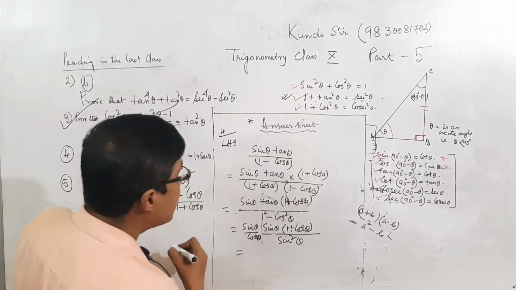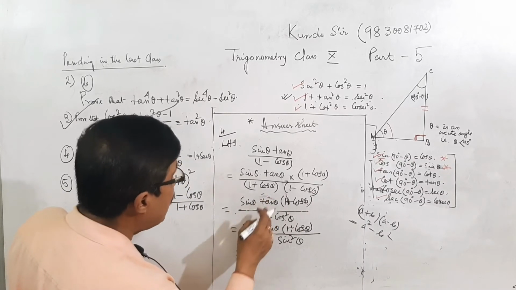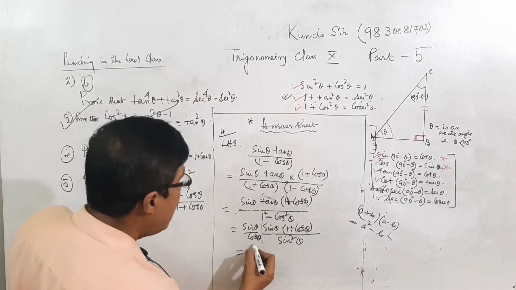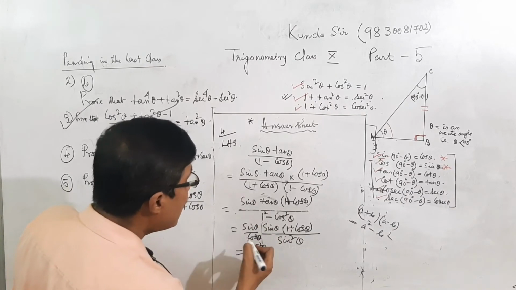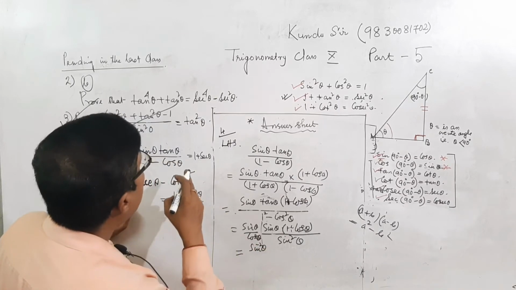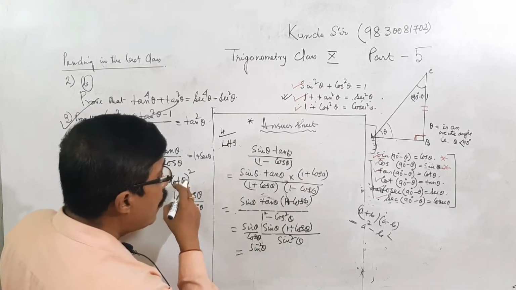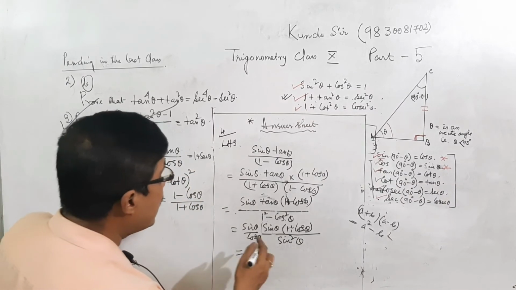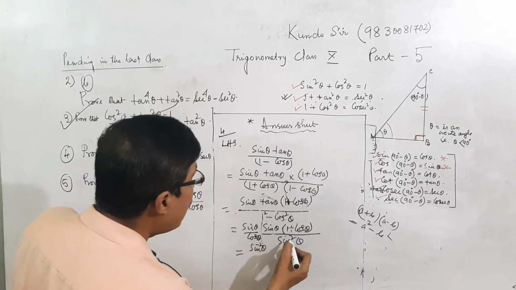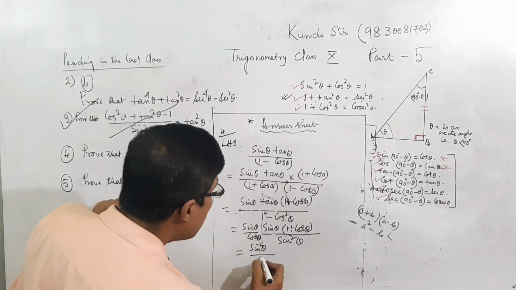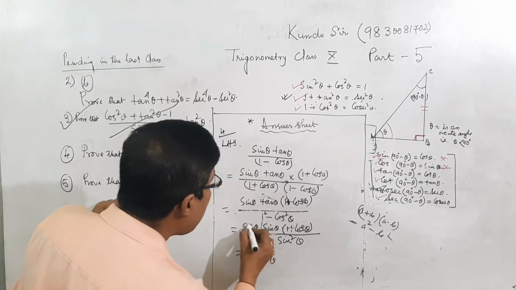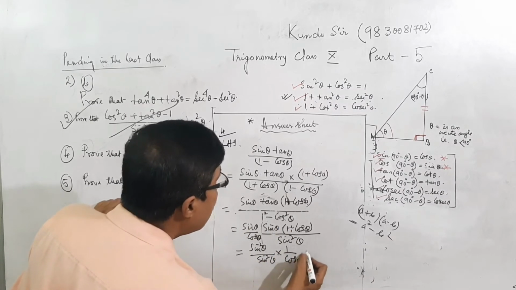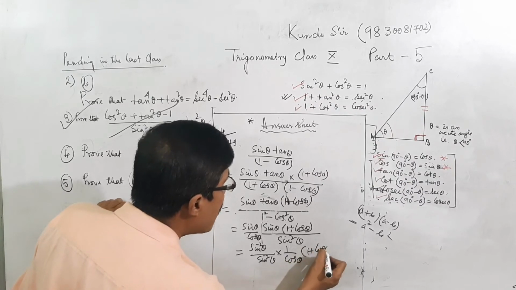So we can write sin theta into sin theta, we are cancelling sin square theta and sin square theta. So we have 1 by cos theta into 1 plus cos theta.